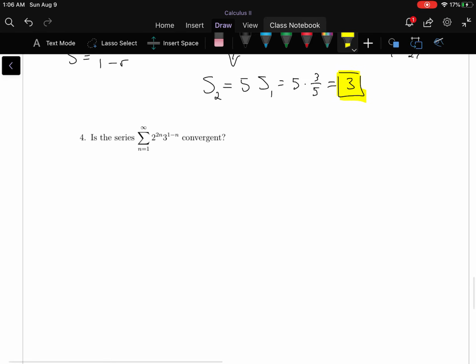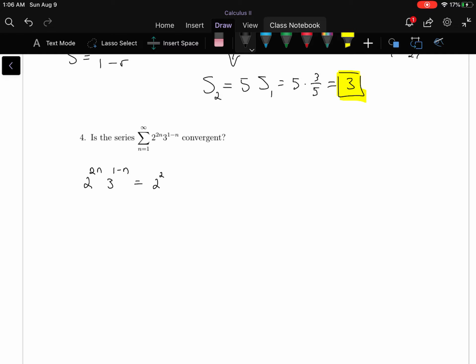Number 4, we want to know, is the series the sum of 2 to the 2n, 3 to the 1 minus n convergent? So this could be a little hard to deduce exactly what its behavior is, but I'm going to make some manipulations. I'm just going to focus on the inside, and I recognize that 2 to the 2n, 3 to the 1 minus n, I could write a little differently.